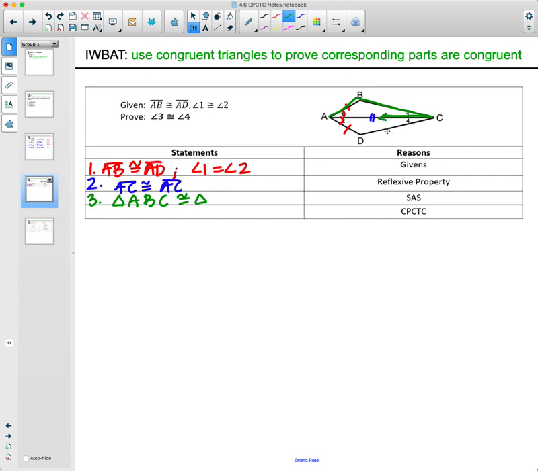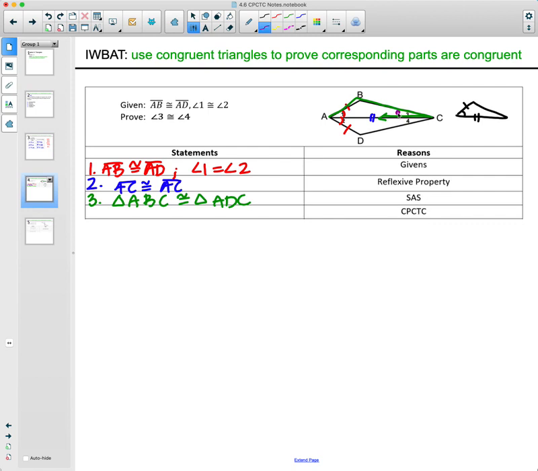Following that order in the bottom, it's ADC, and that's by side, angle, side, because we had two sides, with the reflexive one, and the angle. Let me redraw that top triangle so you can see it: this side, this angle, and this side are marked, and similarly in the bottom. Then CPCTC means corresponding parts of congruent triangles are congruent.